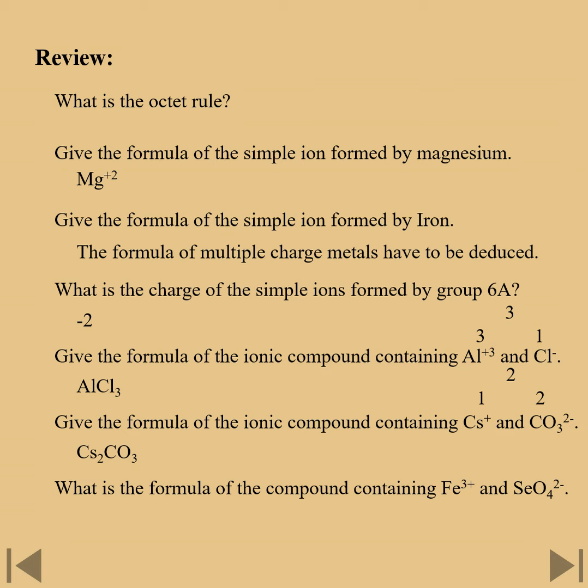So that gives me the least common multiple of 6. And what's that 6 telling us? Positive 6 is balancing -6, and hence 2 irons and 3 selenates. Now note, since I had more than 1 polyatomic ion, I had to include the formula within parentheses with a subscript outside telling us how many were in that formula.